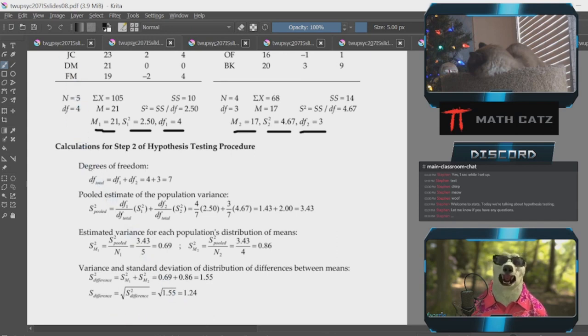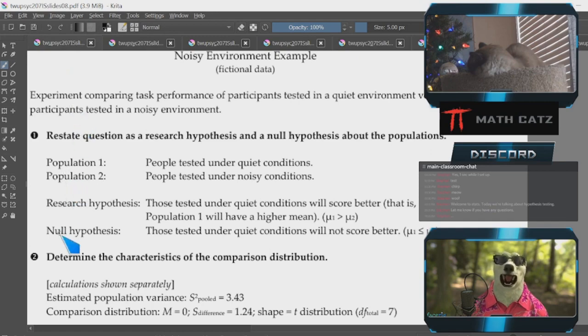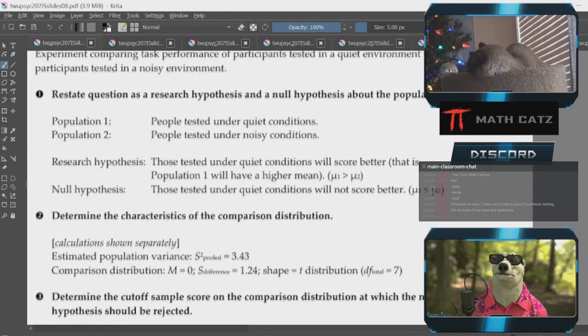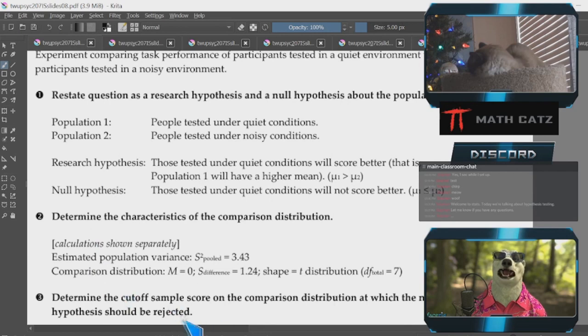Let's go back here to our list. I know it's a lot in the beginning, but it gets better as we go. So before we look at cutoffs or anything, we have to calculate our pooled variance, then go to each group separately again and look at our comparison distribution, which will assume there's no difference, no change.